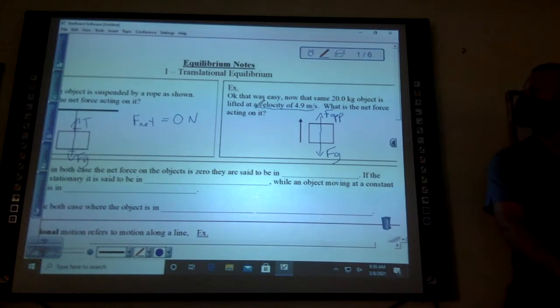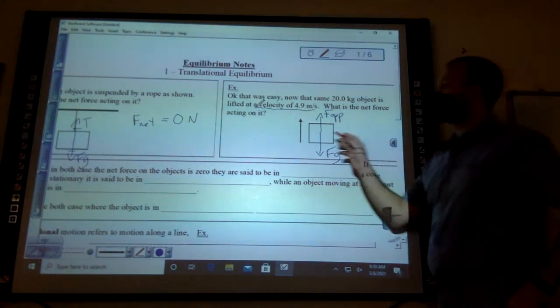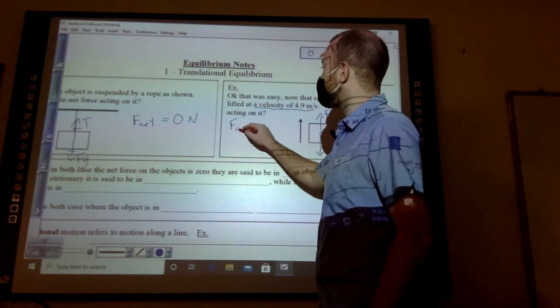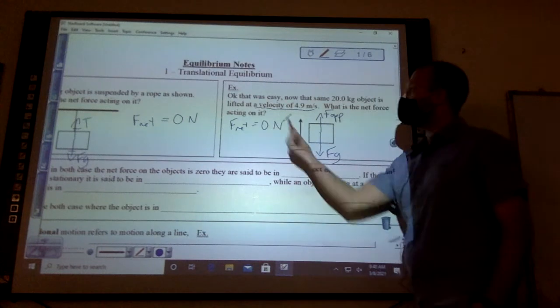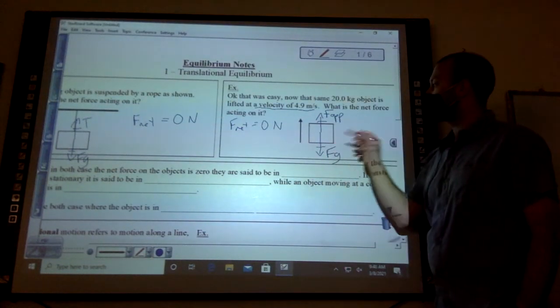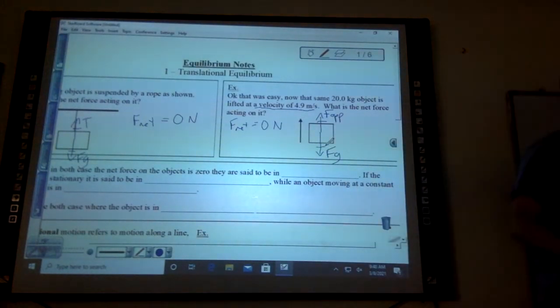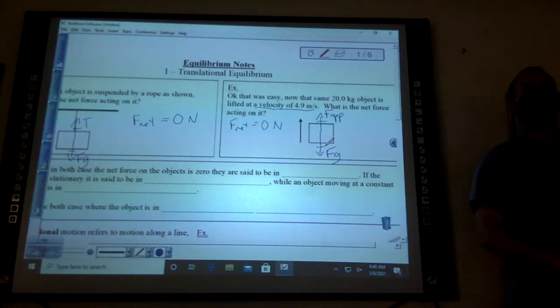And if acceleration equals zero, F net equals zero. So in this same case, F net equals 0 newtons, because I have a constant velocity. So these two forces are still equal. Even though I'm moving, my forces are still balanced.